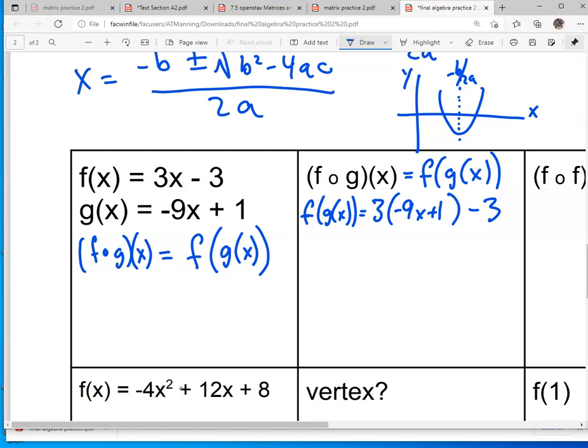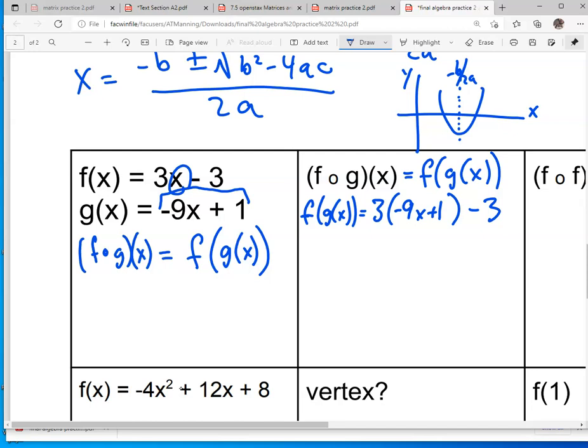f takes something, its input, and subtracts 3 from it. Let's take g and put it there when I'm finding the composite f of g of x.